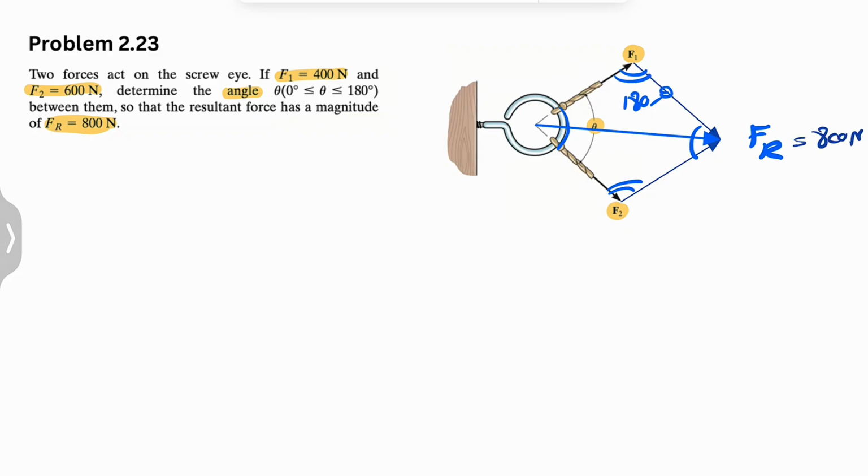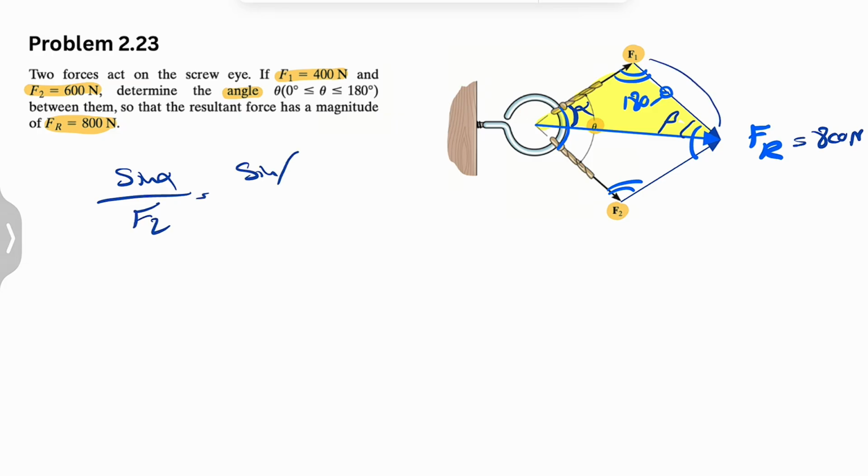So we can use either law of sines or law of cosines. Let's go with the law of cosines because it would be easier for us. If we use the law of sines, we have to deal with this angle. So we're looking at this triangle that I'm highlighting in yellow, and for using the law of sines, if we call this angle alpha and this angle beta, we have sine of alpha over the side that is facing, which is F2.